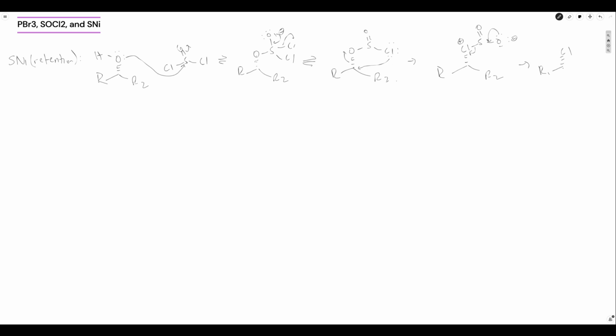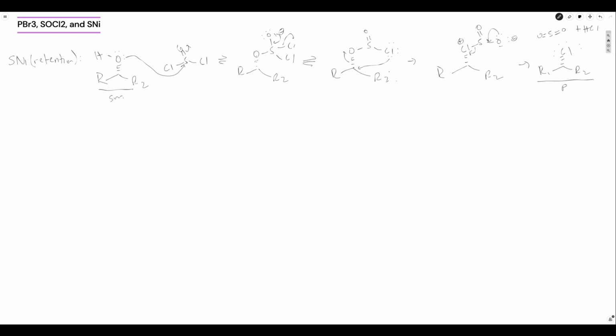You get your chloride plus, of course, the SO2 plus HCl. Here's your chloride with retention. You can see that the product and the starting material have the same enantiofacial profile, so the chlorine and the alcohol are on the same face of the molecule.